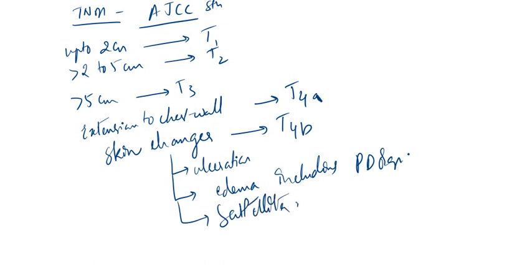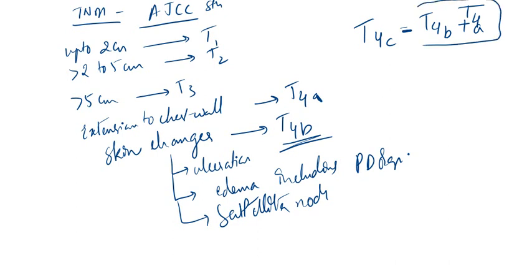Then it is categorized under T4B staging, right? Now what is T4C? It is T4B plus A, meaning all the features present in T4A and B combined together give the staging of T4C.